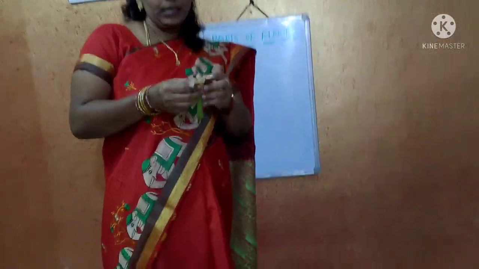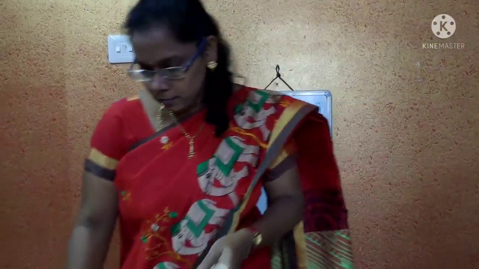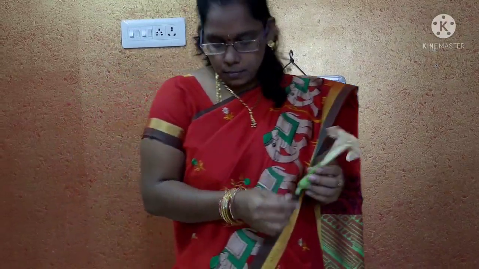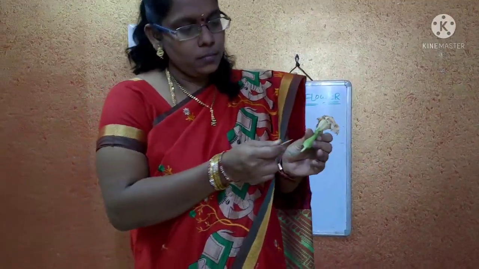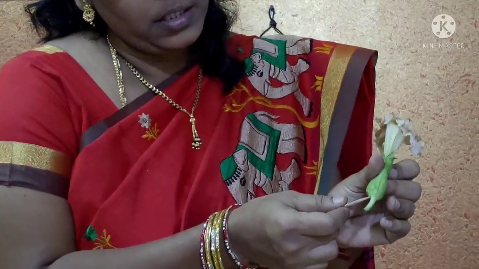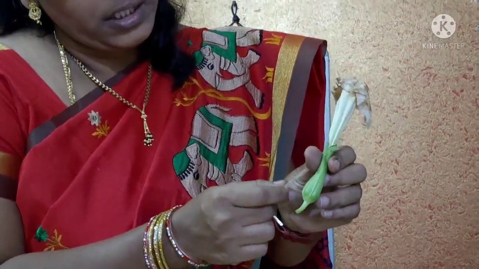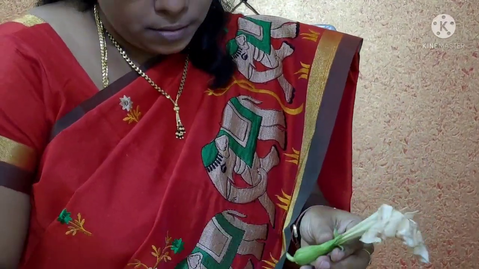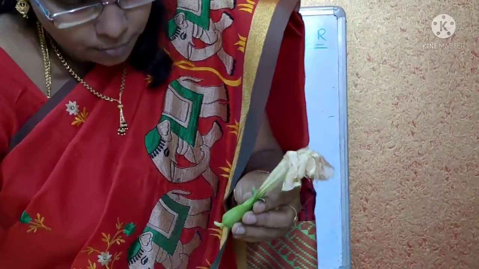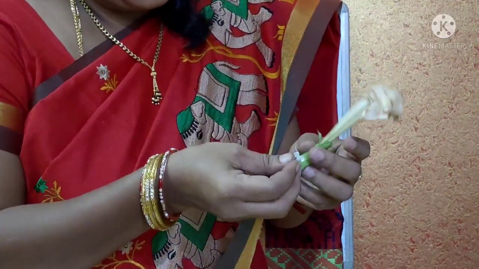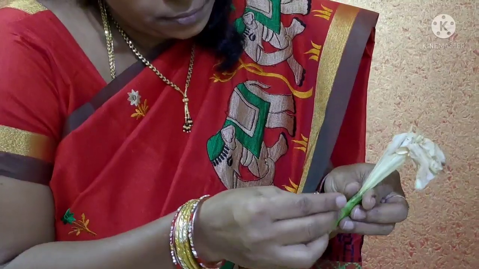Now let us do dissection of the flower. This is pedicel, this is thalamus, this is calyx. All of you clean up thoroughly.